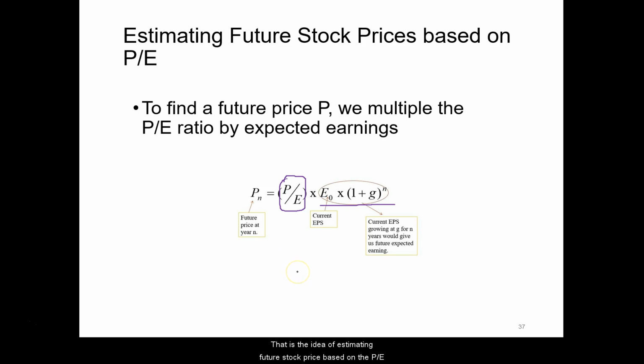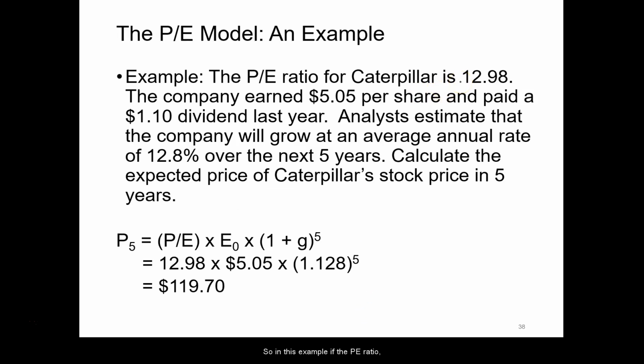So that is the idea of estimating future stock price based on a PE ratio and your forecast of the future EPS. In this example, if you think 12.98 is a reasonable PE ratio for Caterpillar, and currently the EPS is 5.05, and the growth rate is going to be 12.8% for the next 5 years, then 5.05 today multiplied by 1 plus g, which gives you 1.128 to the power of 5.